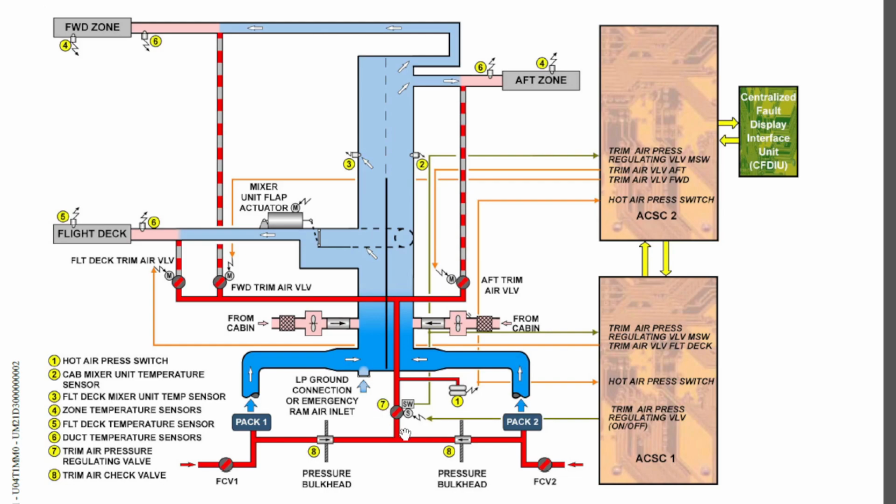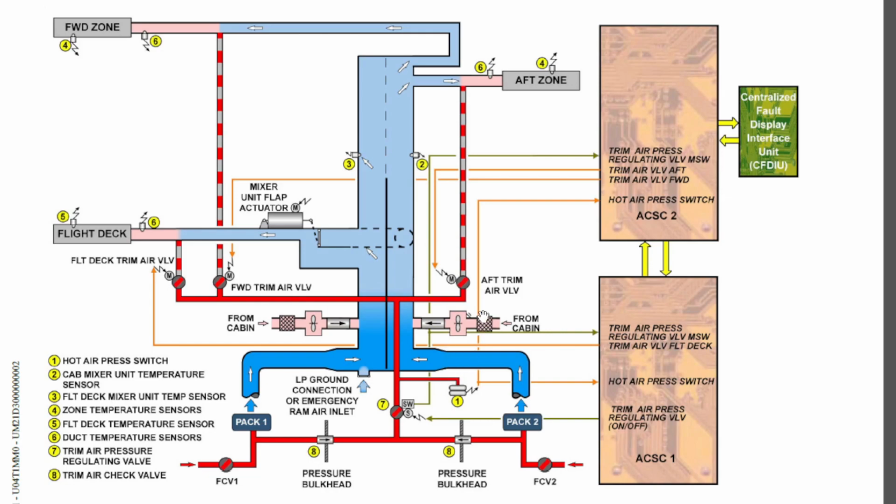Using the cockpit switch, or if any duct temperature reaches 88 degrees Celsius, the solenoid of the trim air pressure regulating valve will de-energize and the valve will close. And whenever it is closed, these trim air valves will also close.